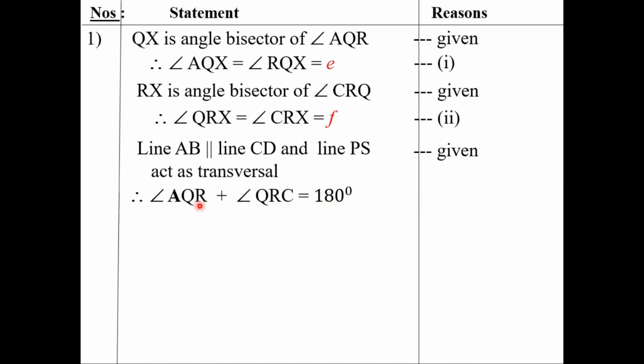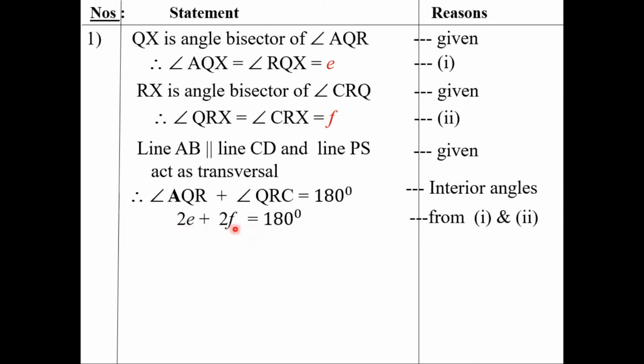AQR means your 2 times E and QRC means your 2 times F is equal to 180. So writing that part in terms of interior angles, we'll get 2E, that is nothing but AQR, plus QRC means 2F is equal to 180 degrees. 2E plus 2F is equal to 180 degrees, dividing the entire equation by 2.